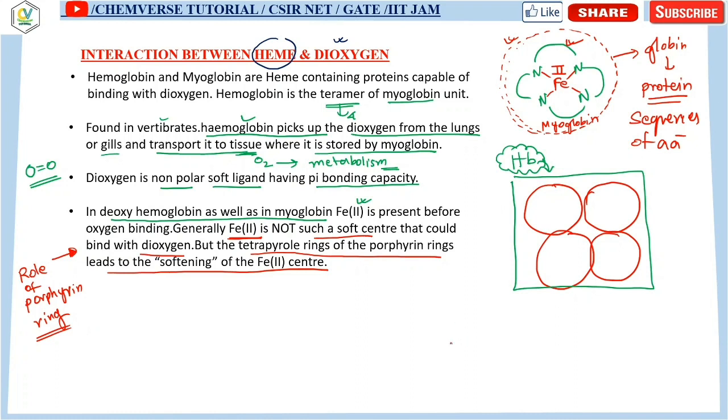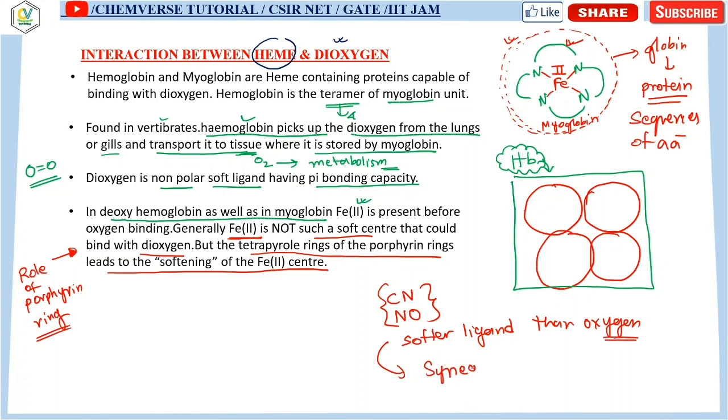Now if you consider the other 2 ligands like cyanide or nitrosyl, these are even softer than oxygen. It is a softer ligand than oxygen. Okay. And they have another effect which is called the synergistic effect.